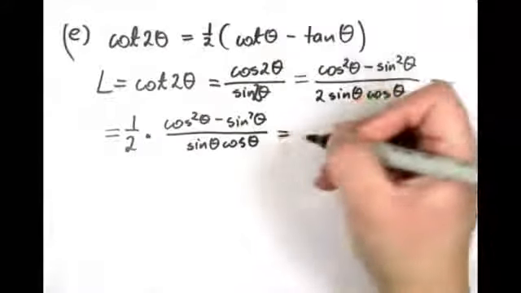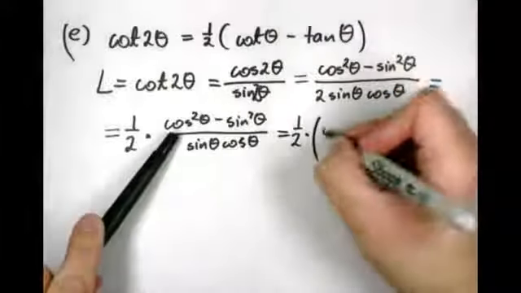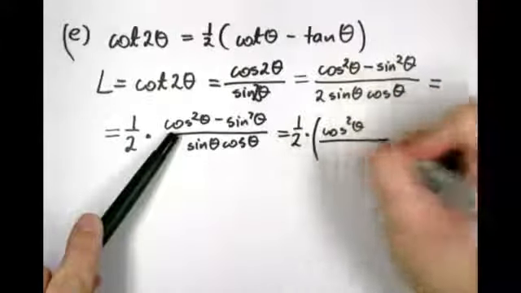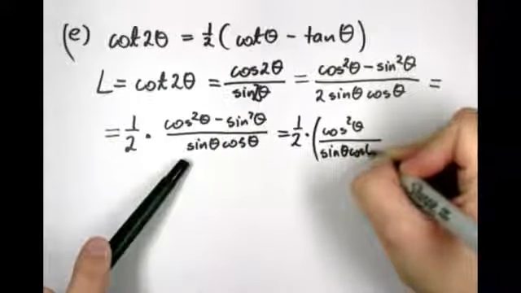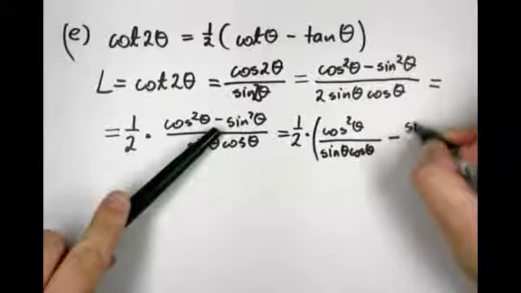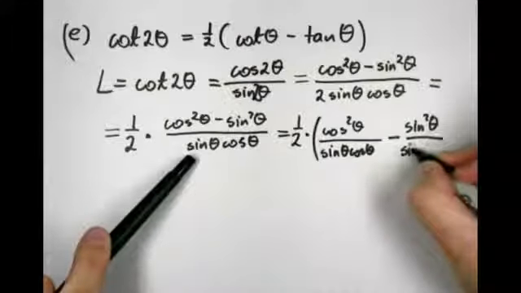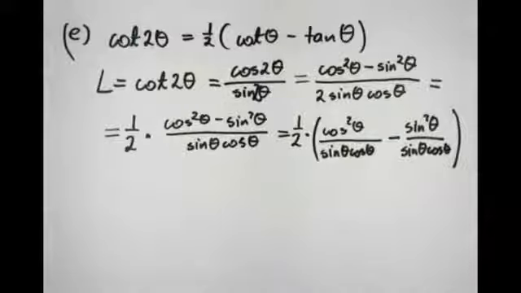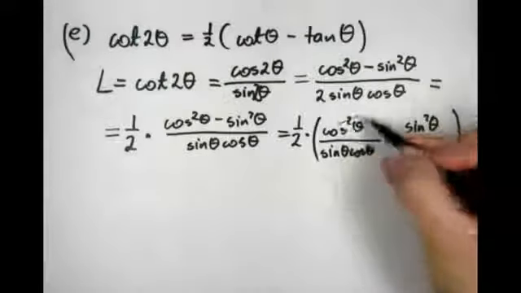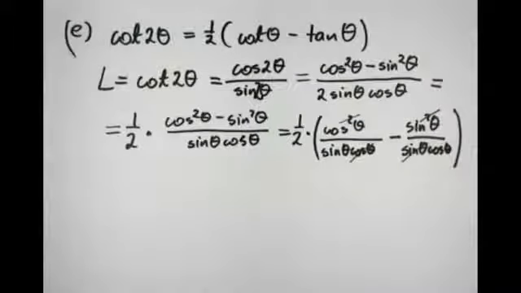So this is equal to 1/2, and now I need to keep the bracket, and I have cos square theta over the denominator sine theta cos theta, minus sine square theta over the denominator, which is sine theta cos theta. And then it's one fraction. We can reduce: cos square and cos cancel out, sine square and sine cancel out.